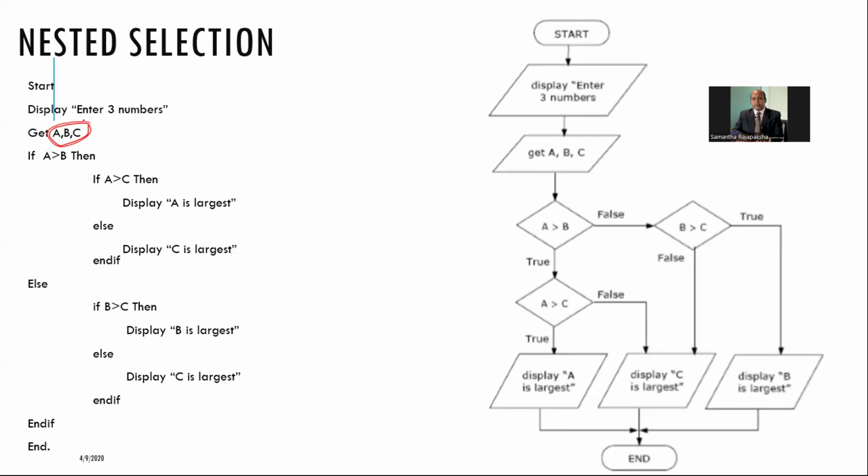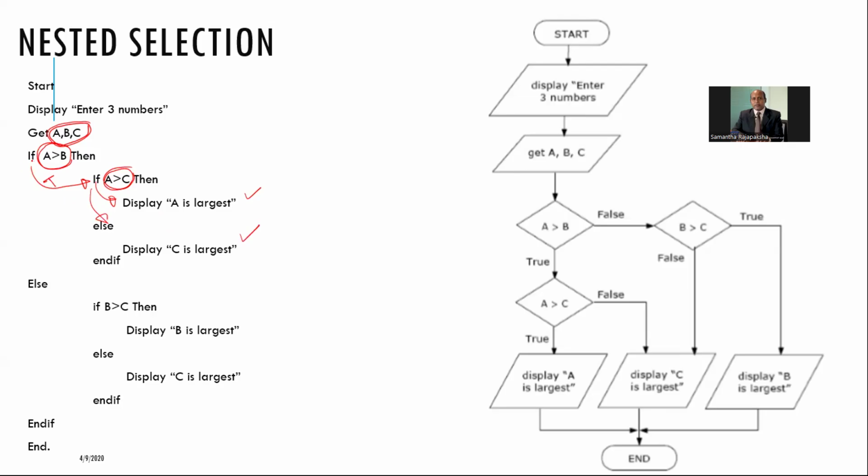Here, we take the first 2 numbers, A and B, and compare them. If the condition is true, we come to this one. The condition being true means A is larger. Then you compare A with C, the third number. If that condition is true, A is the largest. If that condition is false, C is the largest. Then that part is over.